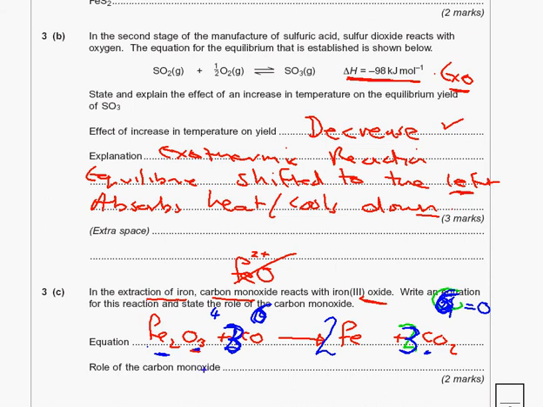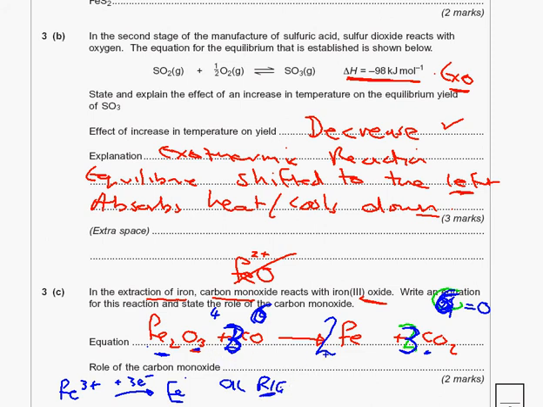Okay, the role of carbon monoxide. Well, the way to work out the role of carbon monoxide is to look at what happens to iron. We start off with iron at Fe3+. It goes to Fe with no charge. So it must have gained 3 electrons. From OIL RIG, we know that if something gains electrons, it is reduced.